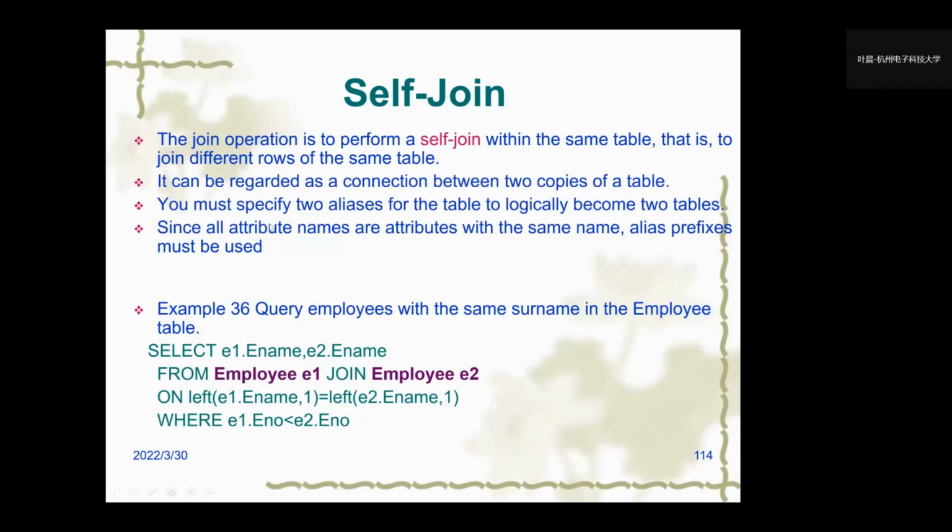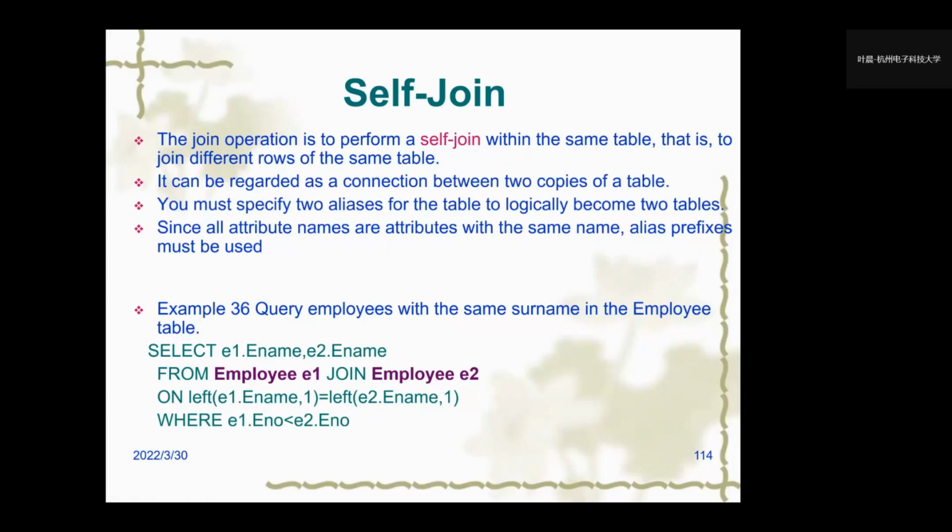You just specify two aliases for the table to logically become two tables. Since all the attributes have the same names, you must give each column alias prefixes.